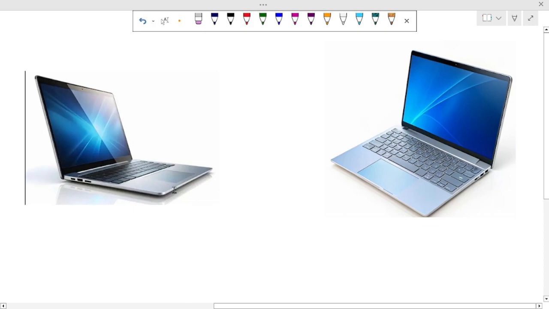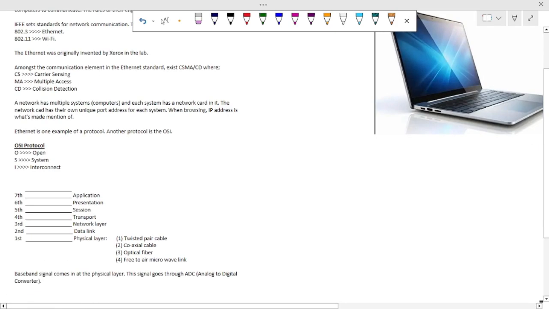They cannot just communicate anyhow. There need to be rules, guidelines, rules of engagement. This laptop communicating with the other laptop, there need to be rules. Laptop, computer, same idea. So those rules are known as protocols.